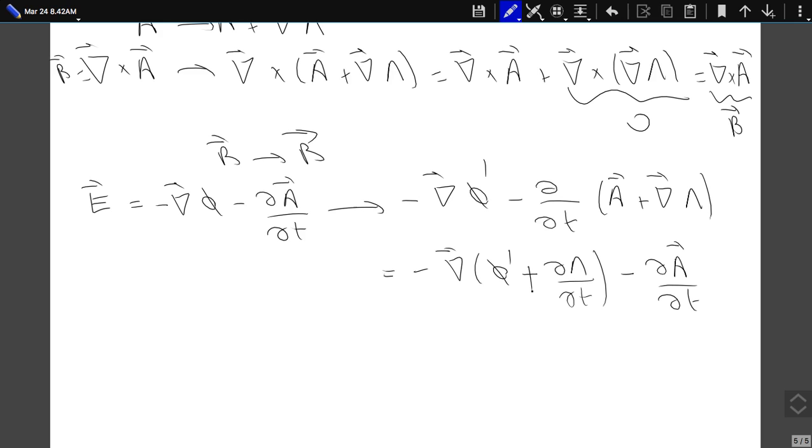I also changed phi to phi prime. I don't know what phi prime is, but now I see that if I define phi prime to be phi minus the derivative of lambda by del T, then this just becomes minus the gradient of phi minus del A by del T, which is nothing but E.